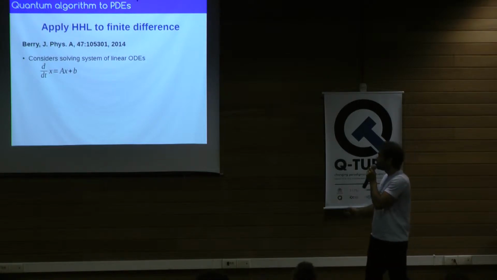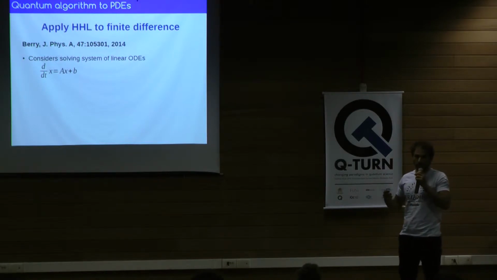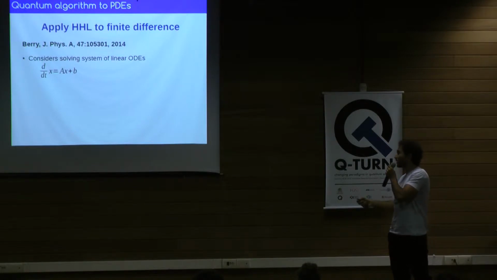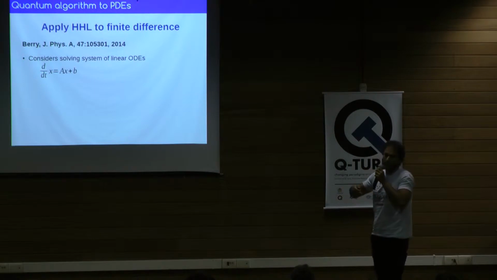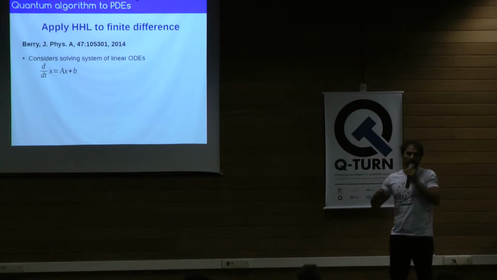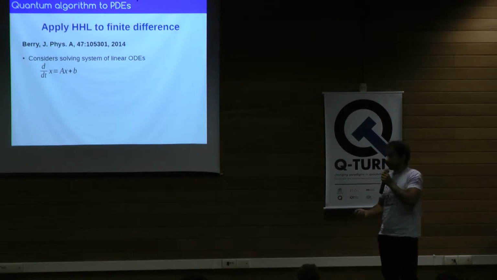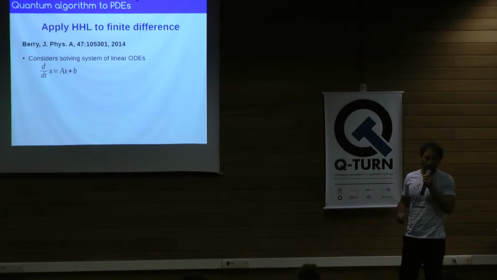So here you have the Berry result. I imagine that Berry knew about differential equations and the standard techniques, and he knew that after you discretize your problem, you are dealing with a linear system to solve. I imagine he knew that these matrices in general are quite sparse.